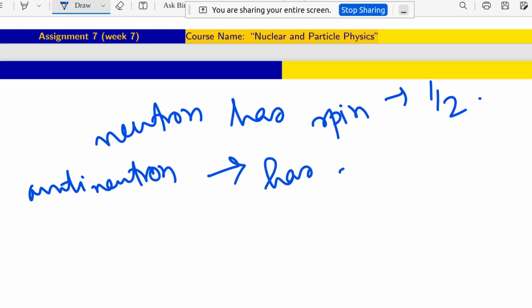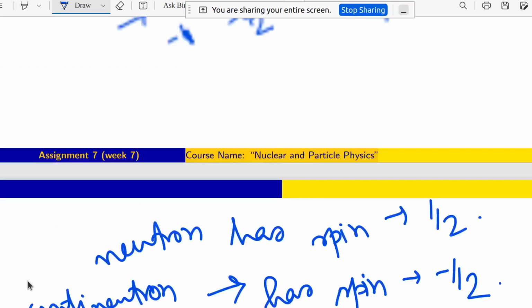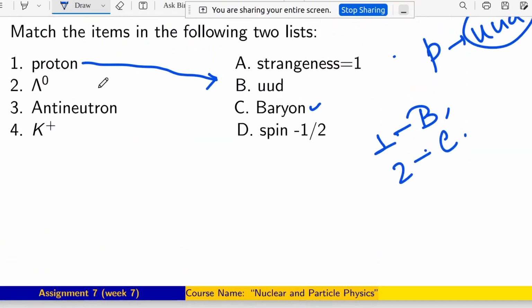It has spin minus half. So whatever is given in the question, the antineutron will be spin minus half. Now coming to K plus. Obviously in that list you can see that only A is left. So obviously we can tell that K plus has strangeness 1.